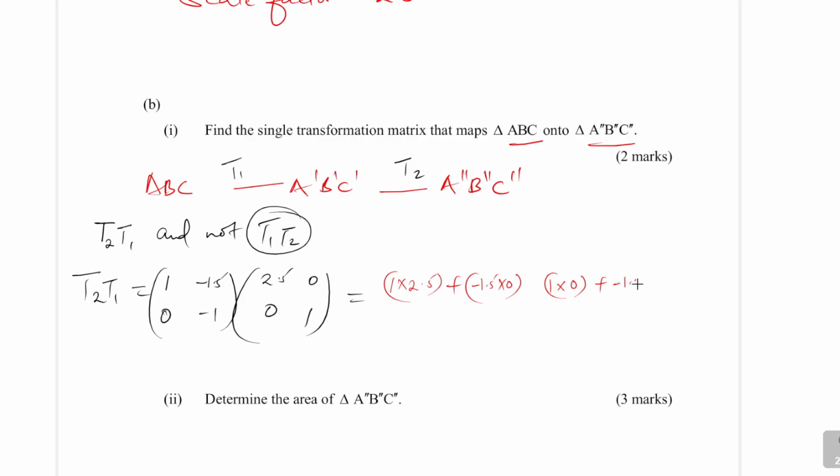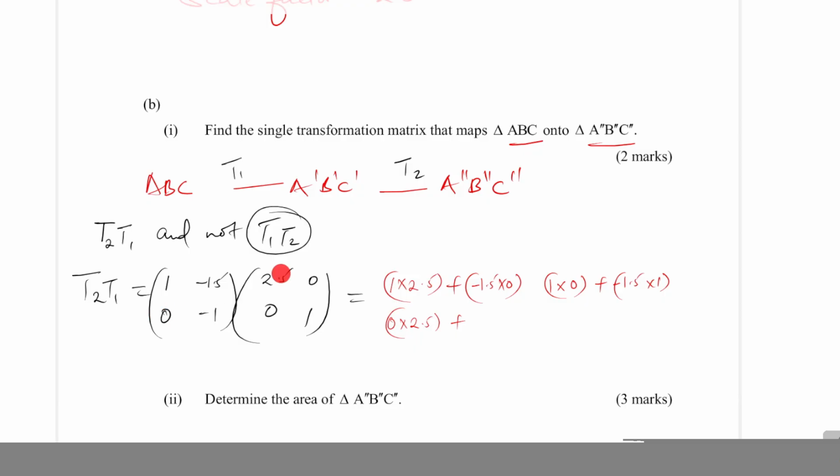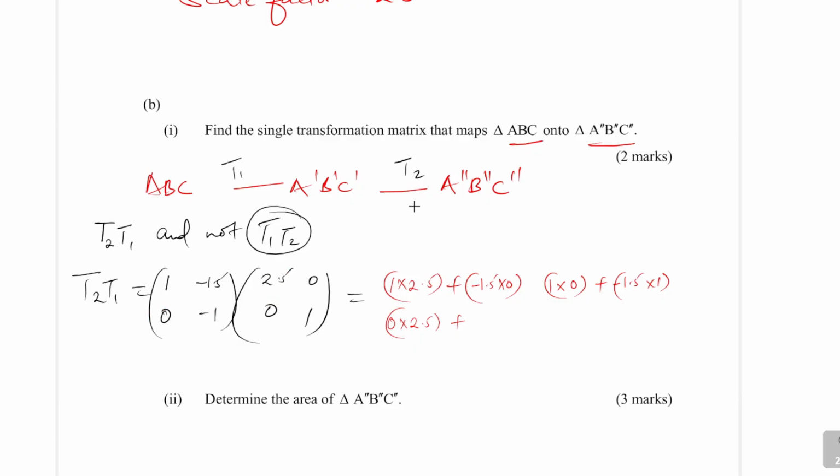We go to row 2. Row 2, column 1: 0 times 2.5 plus negative 1 times 0.